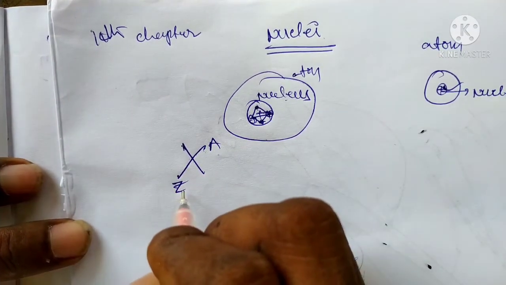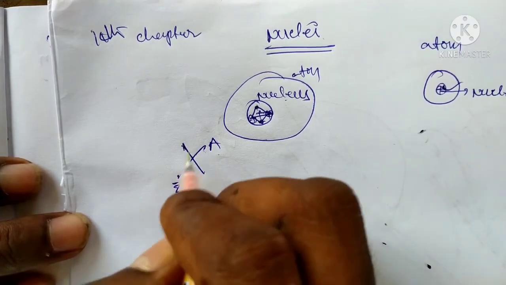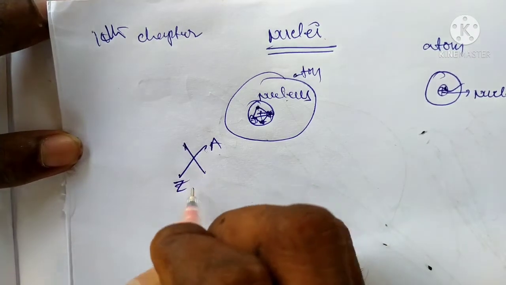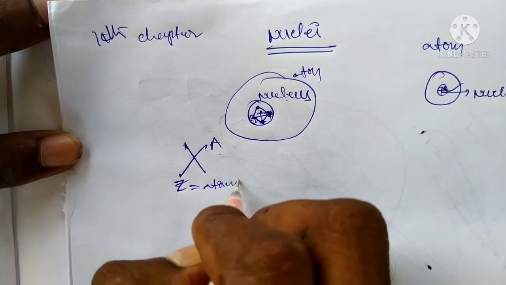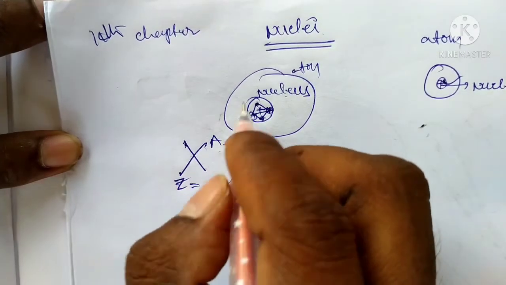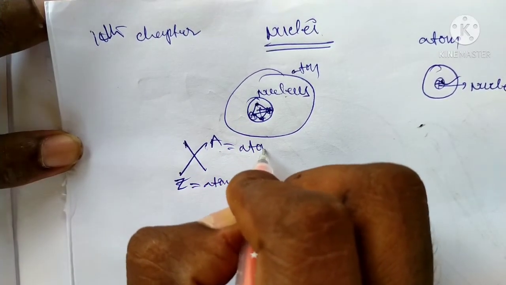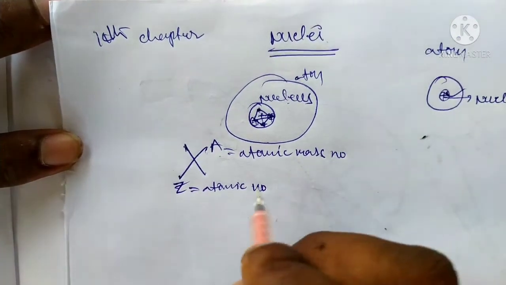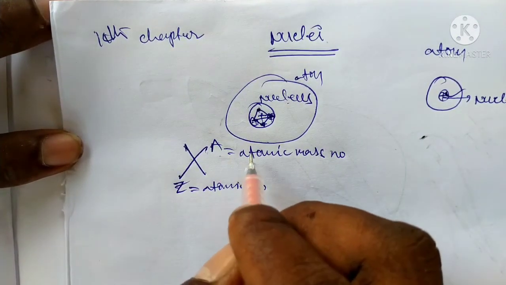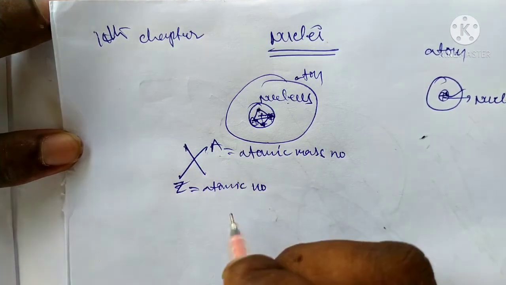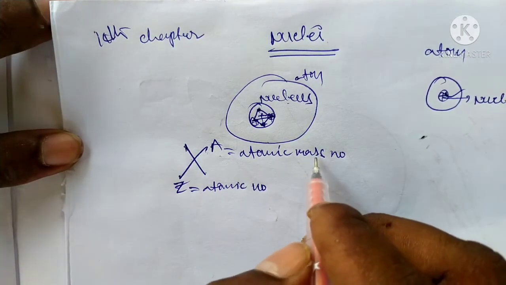What is Z? Z is the atomic number. A is called the atomic mass number. What is the atomic number? What is the atomic mass number?